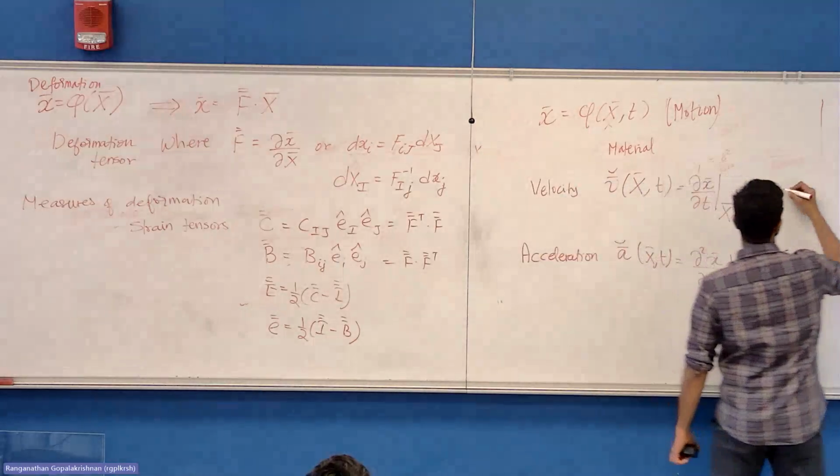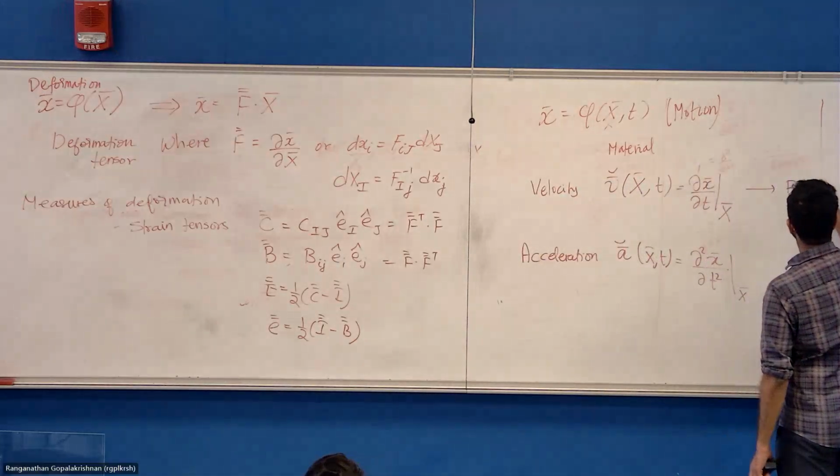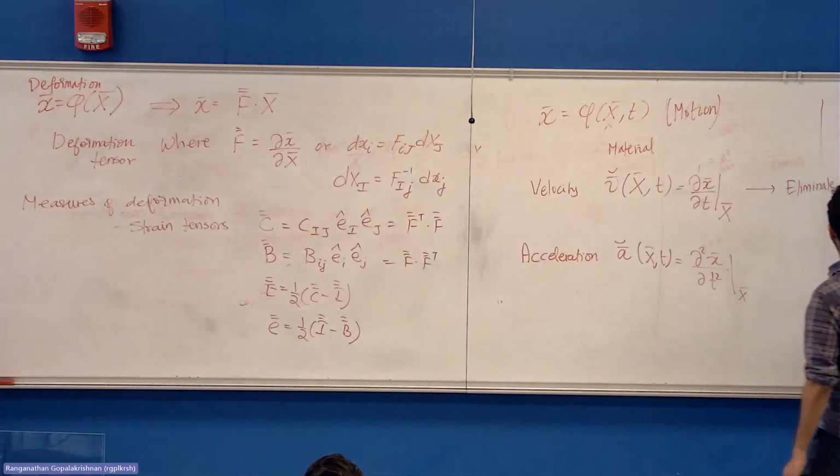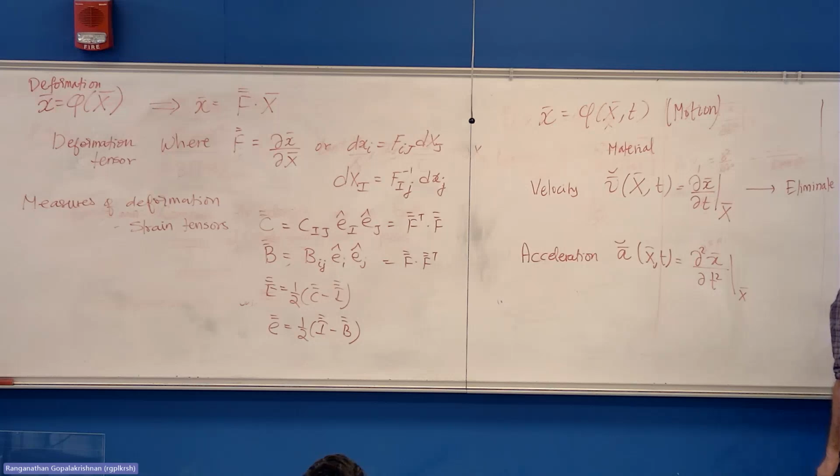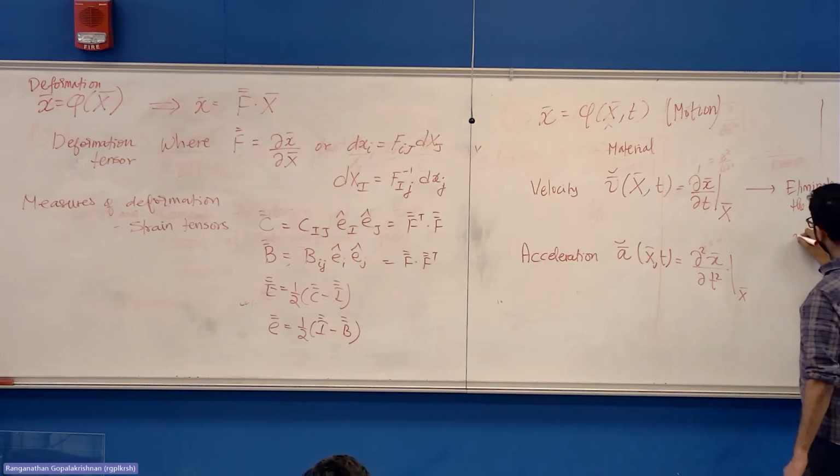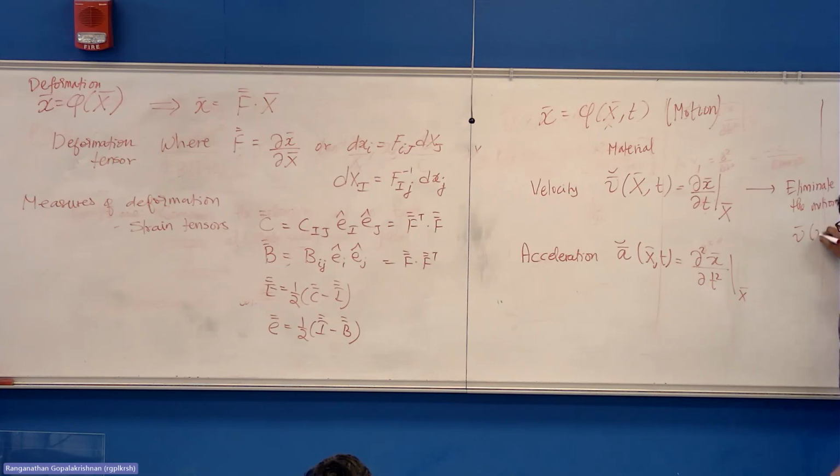From here, you can eliminate X using the motion x equal to phi of X comma t, which will give you v in spatial coordinates, v of x comma t, which itself is a function of spatial position and time.